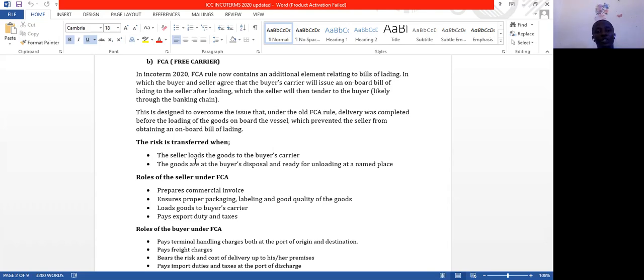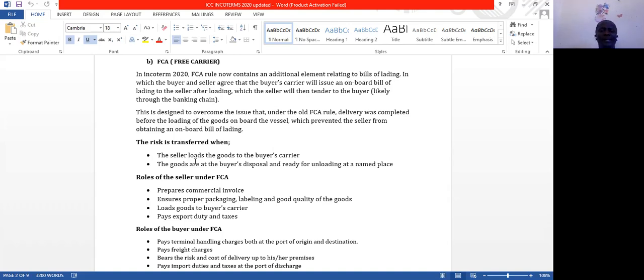The buyer and the seller can agree that the buyer's carrier will issue an on-board bill of lading to the seller after loading, which means the seller will then tender it to the buyer, likely through a banking chain.